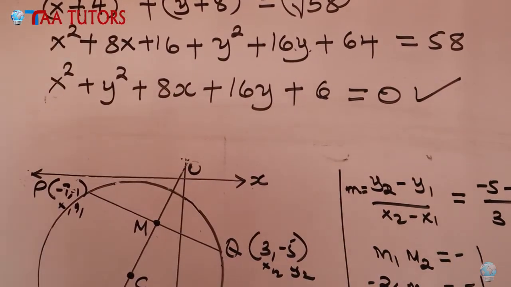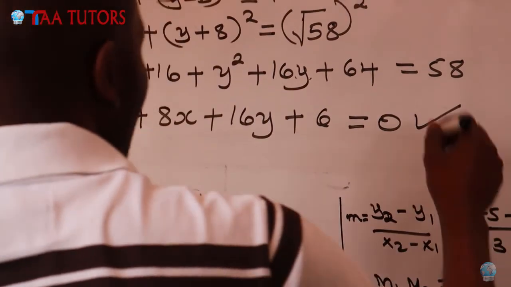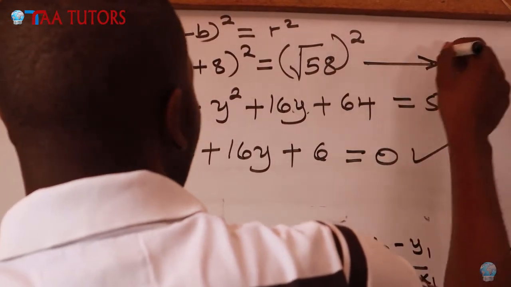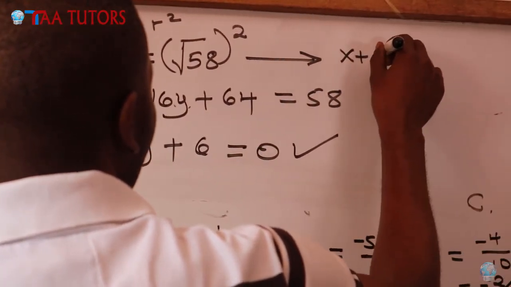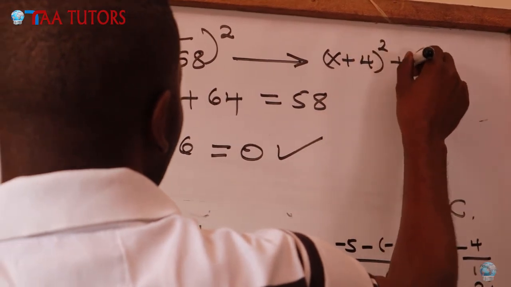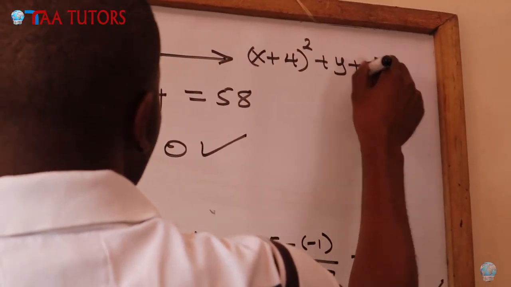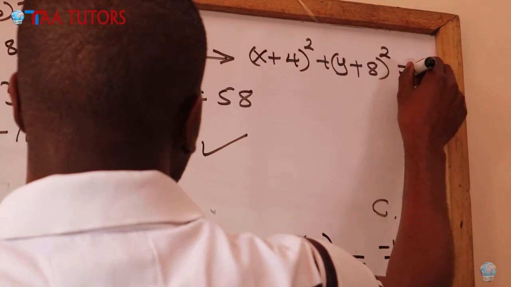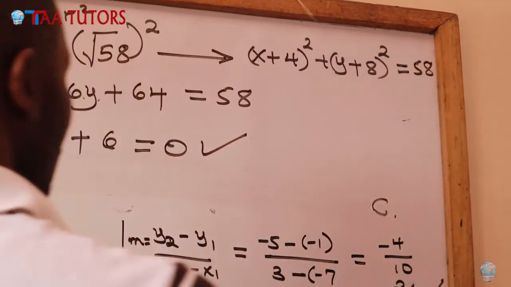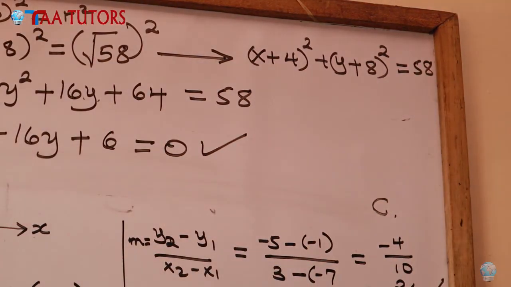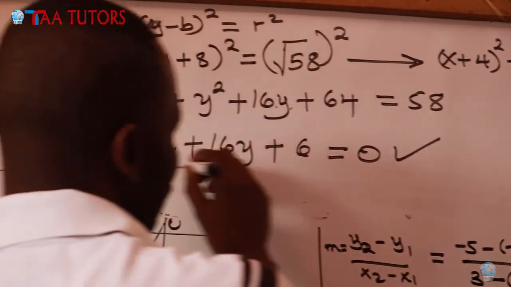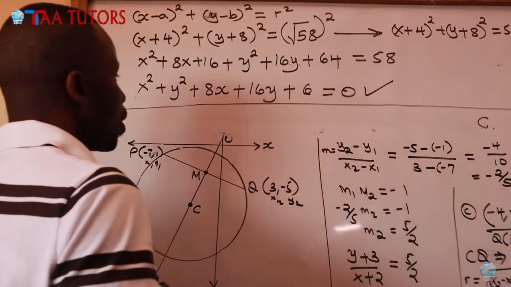Remember also that you could just have left the answer as x plus 4 squared plus y plus 8 squared equals 58. There's no harm in doing that.